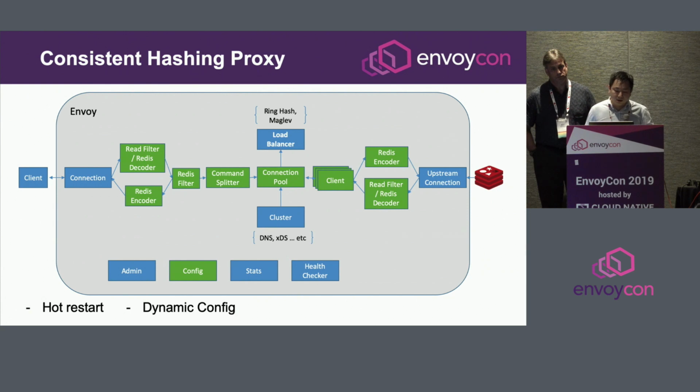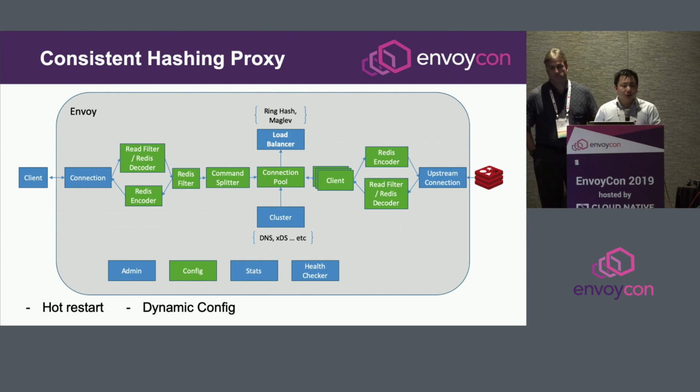Also, out of the box, Envoy provides hot restart, and the configuration can be dynamic. Compared to Twemproxy, which this was inspired by, we have a lot less human interaction. We don't have to take downtime to update the configurations, etc.